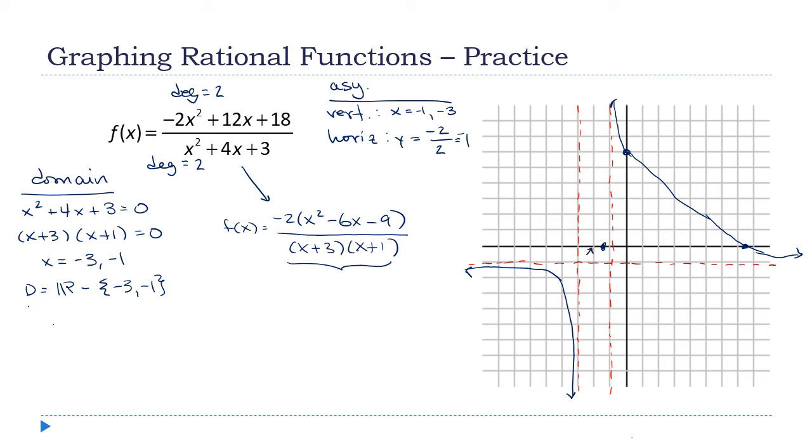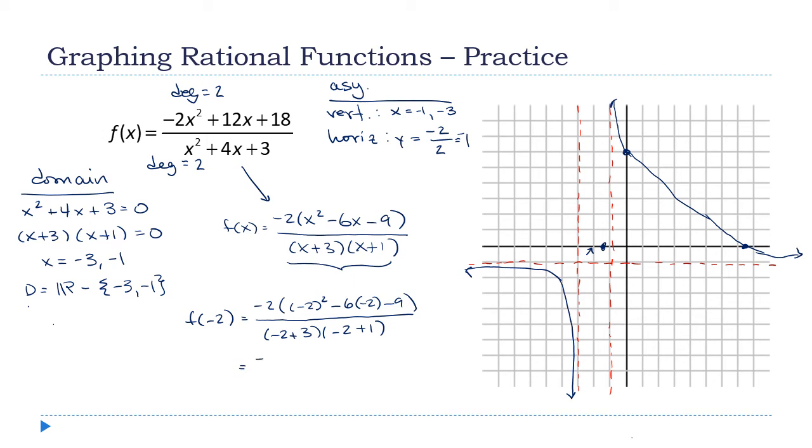So that's that spot right there, right? F of -2 is, and look, I'm going to put this into the factored version. It's easier to do sometimes with the factored one. So let's do this as -2 times -2 squared minus 6 times -2 minus 9 over -2 plus 3 times -2 plus 1.